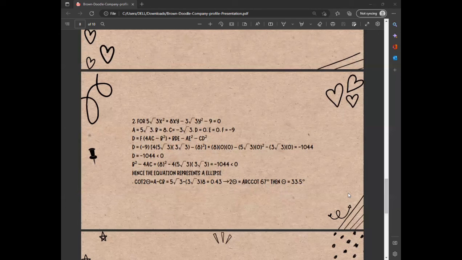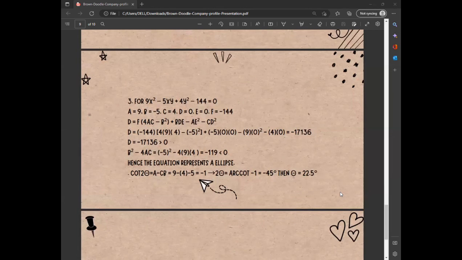So, cotangent 2 theta is equal to (a minus c) over b is equal to (5 square root of 3 minus 3 square root of 3) over 8. So ito ay equal to 0.43. Then, 2 theta is equal to arc cot 0.43 is 67 degrees, which is yung value ng 2 theta. Then, theta is equal to 33.5 na pinaghiwalay yung dalawang theta lang.